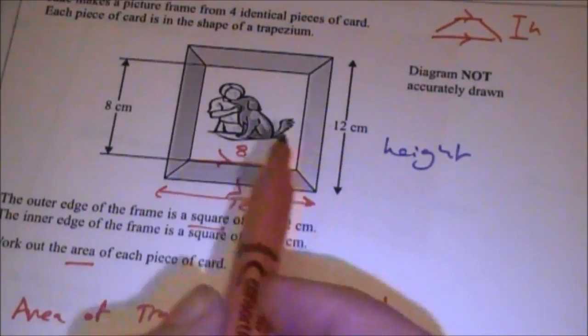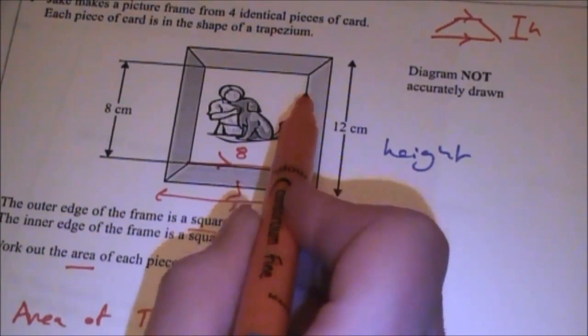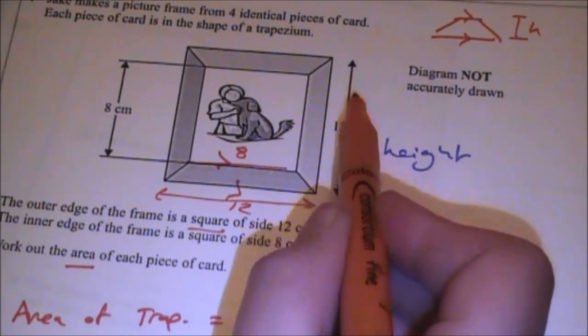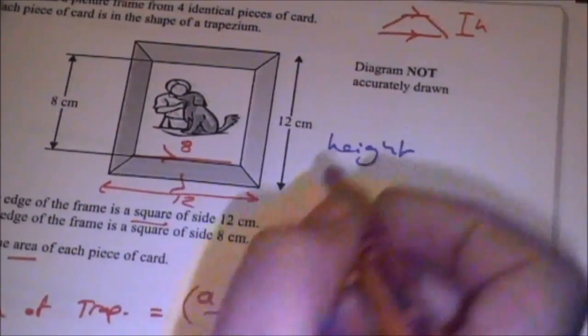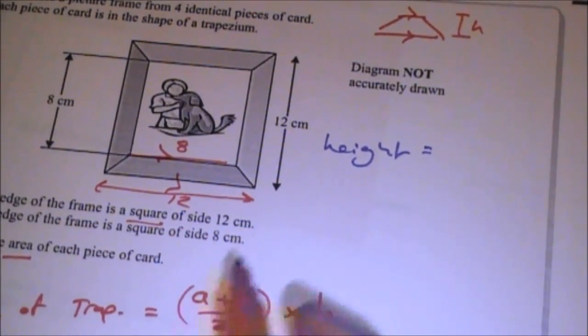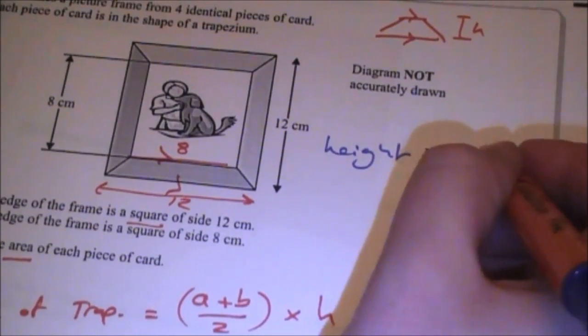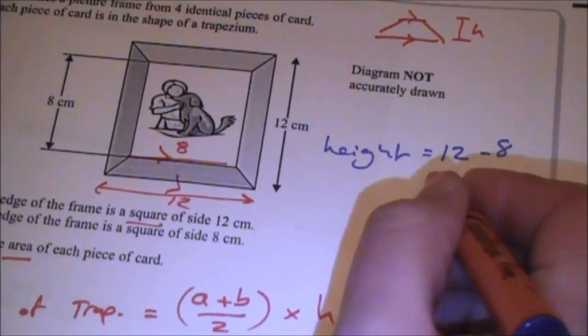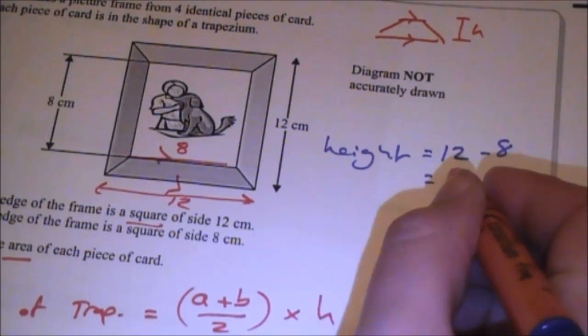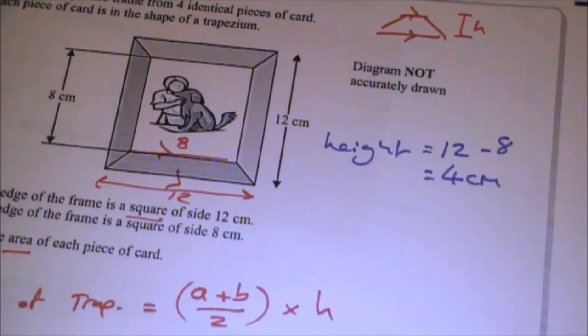I need to consider the difference between the inside frame, which is 8 centimetres, and the outside, which is 12. So the height of the trapezium is going to be the 12 centimetres of the full frame, take away the 8 centimetres of the inside frame, and that leaves us with 4 centimetres.